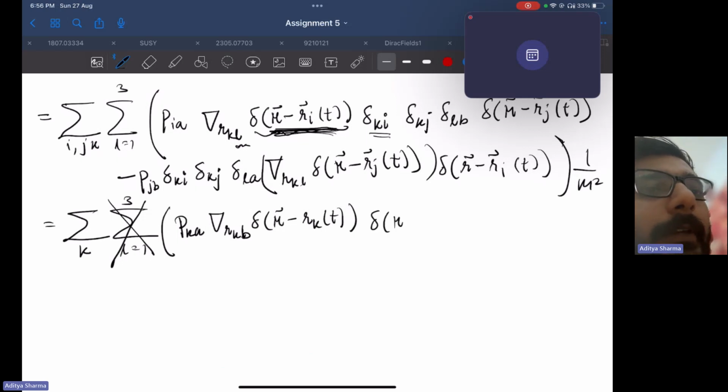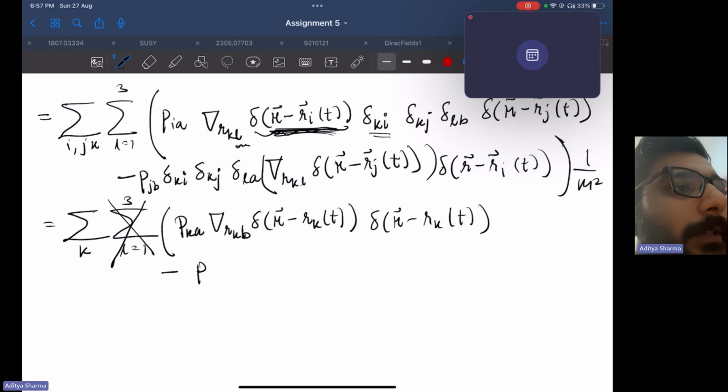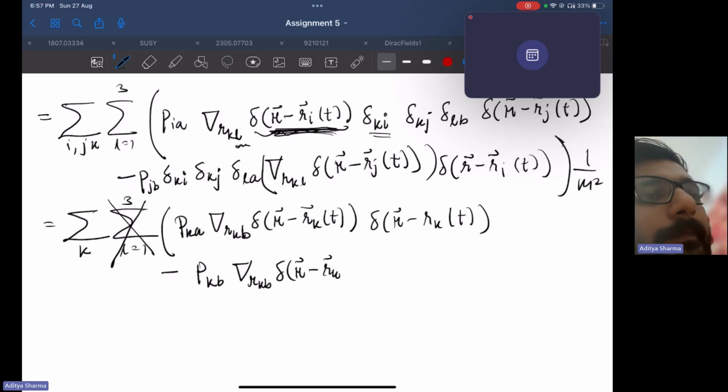And delta of R vector minus R_K. Similarly here, PJB, so J goes to K, KB, and this R_KL becomes R_KB, delta of R vector minus R_K, where I becomes K.